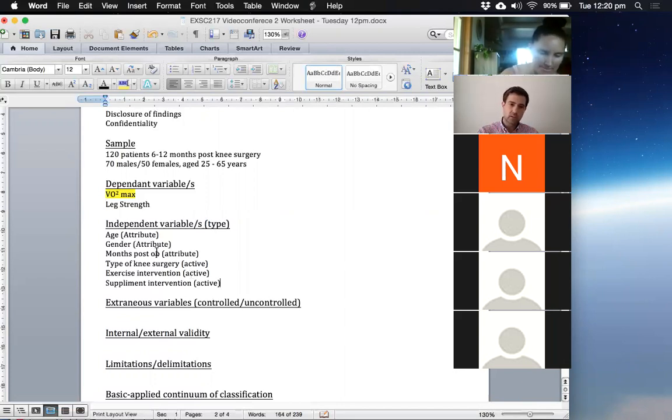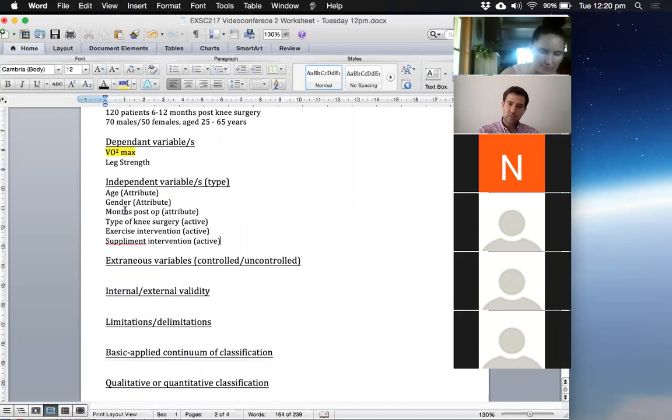So those are some really good independent variables. There are also a lot of these, if not all of these, that, if they're not an independent variable, would be an extraneous variable. So remember, extraneous variables are anything that can influence our dependent variable. So let's say anything that could influence VO2 max of a participant that's not our chosen independent variable. Let's say our chosen independent variable is an exercise intervention.